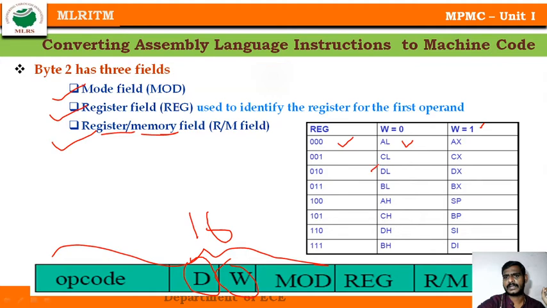In case DL data is transmitting, the register value is 010. In case I'm using CH, I want to take 101. So this particular table will give information regarding the second byte fields. Okay.